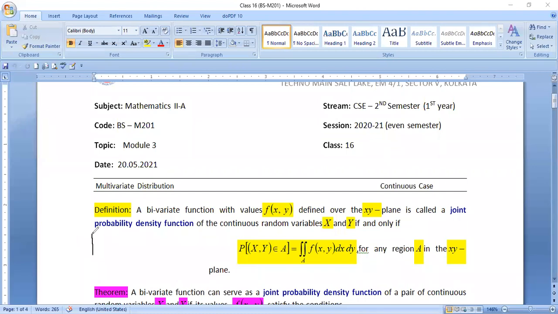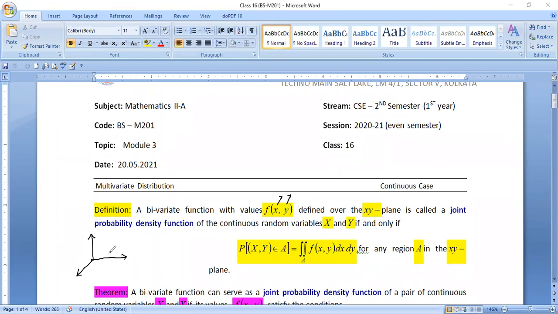Now, when we consider a function of two variables, what does it actually mean? It means that we have to consider a 3D system where these coordinates x and y become the inputs, or independent variables, the pair of independent variables.